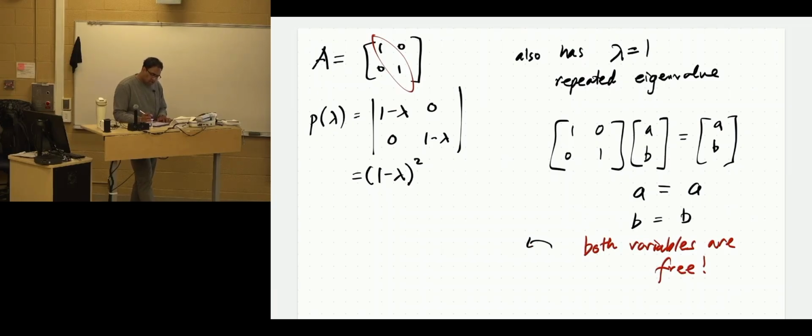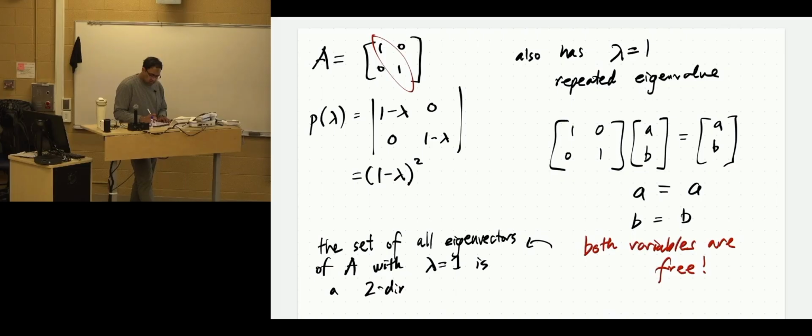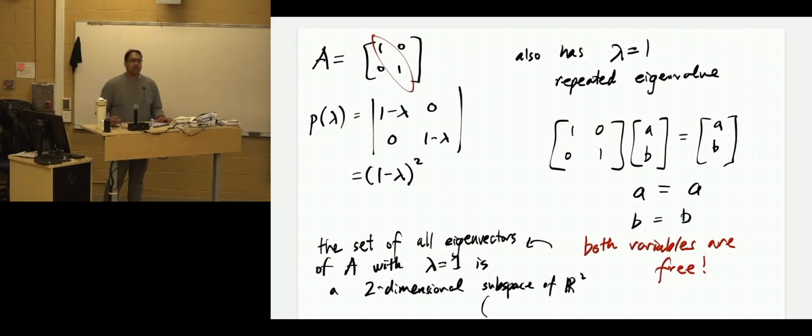And so maybe another way to make this make a little more sense is the set of all eigenvectors of A for this one eigenvalue of lambda equals 1 is a two-dimensional subspace of R2, with the caveat that we defined an eigenvector as being not the zero vector, because anything times 0 is the zero vector. So we'll say it's a subspace, but ignore the zero vector.